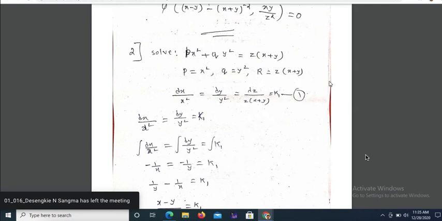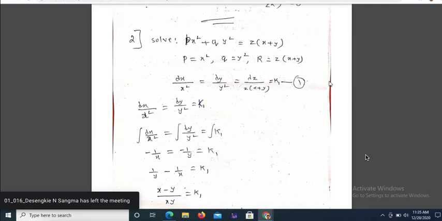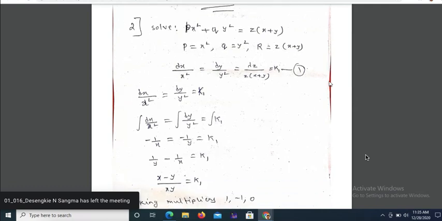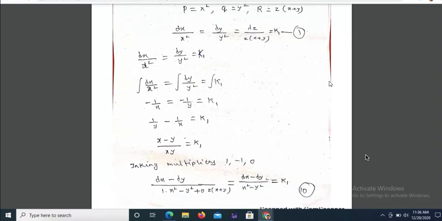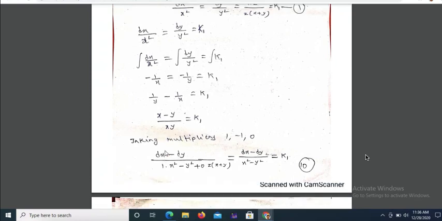So integrate both sides. If you integrate, you will get minus 1 by x equal to minus 1 by y equal to k1. Taking the left side, plus 1 by y minus 1 by x is equal to k1. By cross multiplication, you will get x minus y by xy equal to k1.